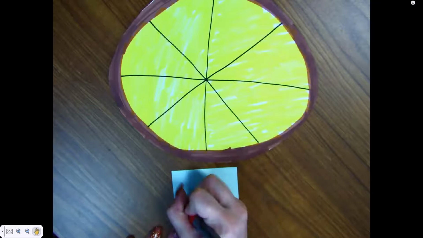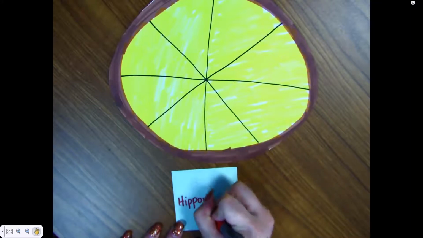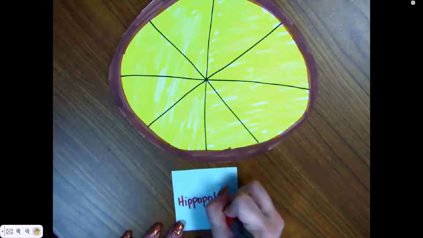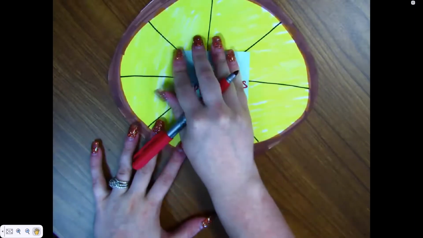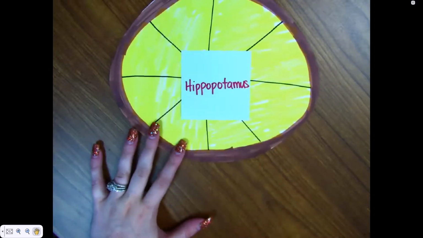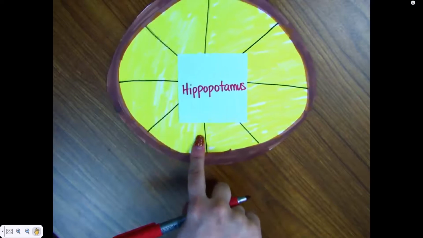I'll use my paper to make sure I spell hippopotamus right. Okay. So my whole book, my subject or topic, is going to be hippopotamus. So that took my whole pizza. Y'all see that?